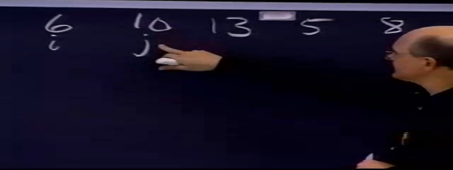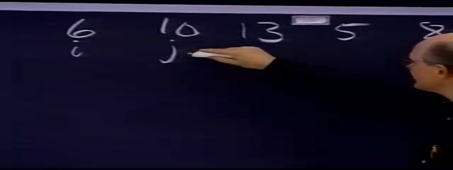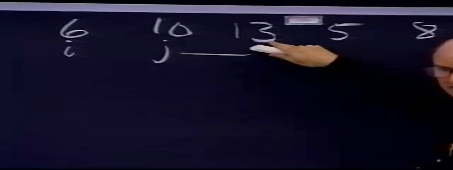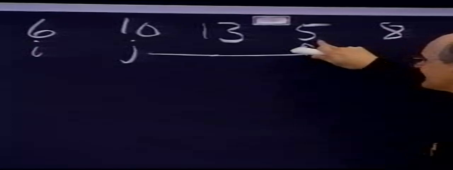Okay? And what j does is it looks. It says, is this less than or equal to 6? No. So then it just increases j. And checks this one. Is this less than or equal to 6? No. So it increases j again. Then it comes across this guy, which is less than or equal to 6. Now something needs to be done.